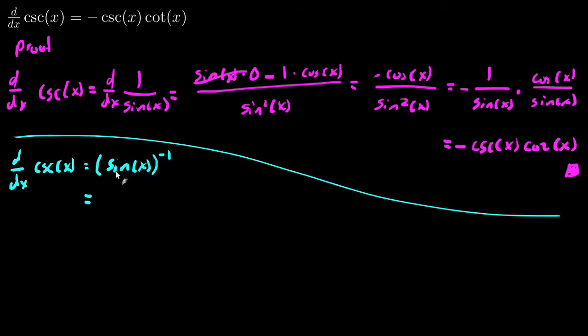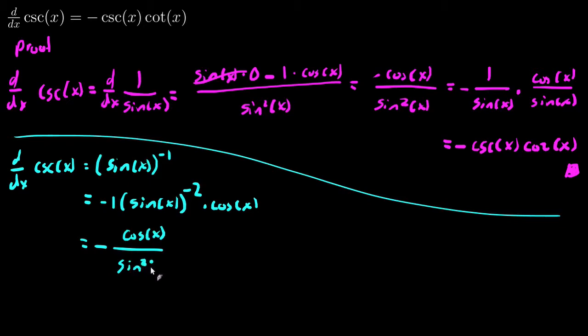The outer function is this to the negative first, so the derivative of that is negative 1 times this to the negative second. The derivative of the inner function is cosine. And from this, I still have the negative. I have cosine x in the numerator, and this negative exponent moves my sine squared to the denominator. And I can finish this off.